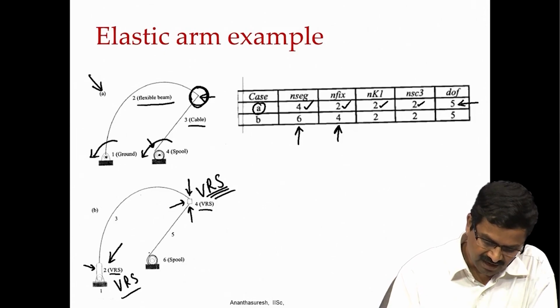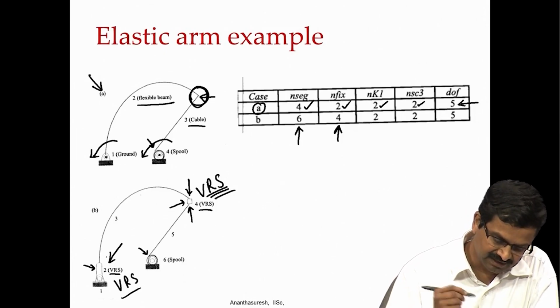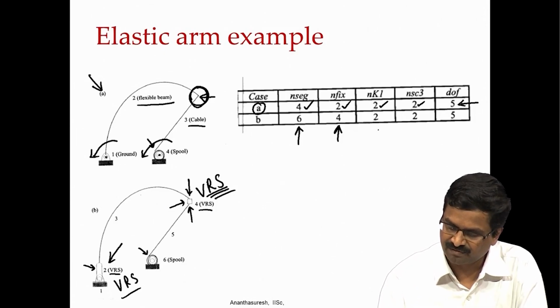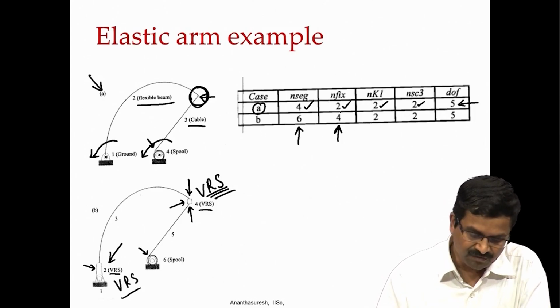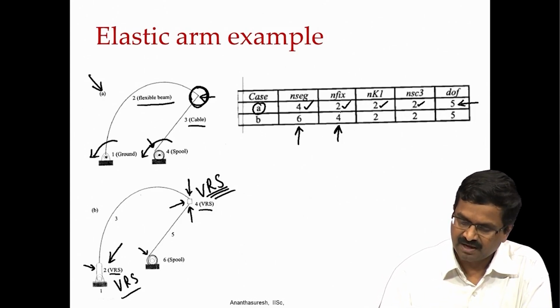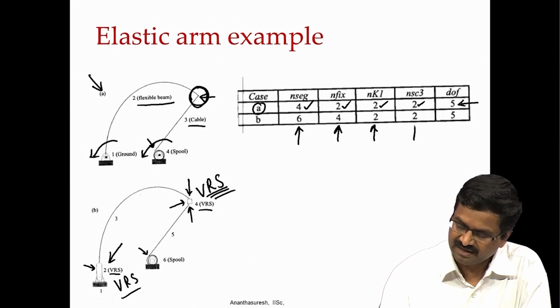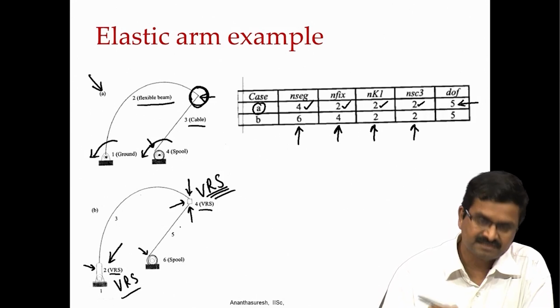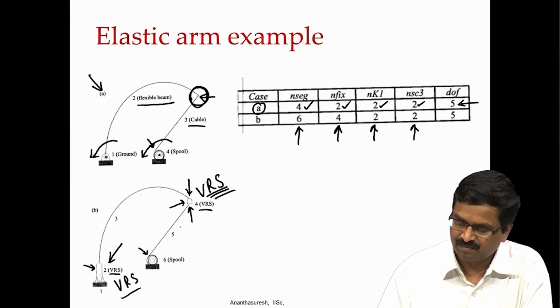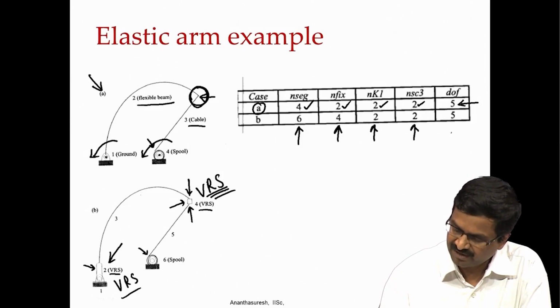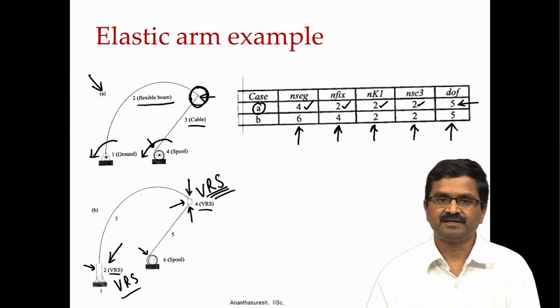So, we have that, and then whatever we had earlier is still there. Okay. So, the number of fixed connections has gone up and the number of kinematic joints remains the same, the same old things, and NSA is 2, elastic segments are still 2, with segment compliance 3. If you calculate, again it will give you the 5 degrees of freedom.